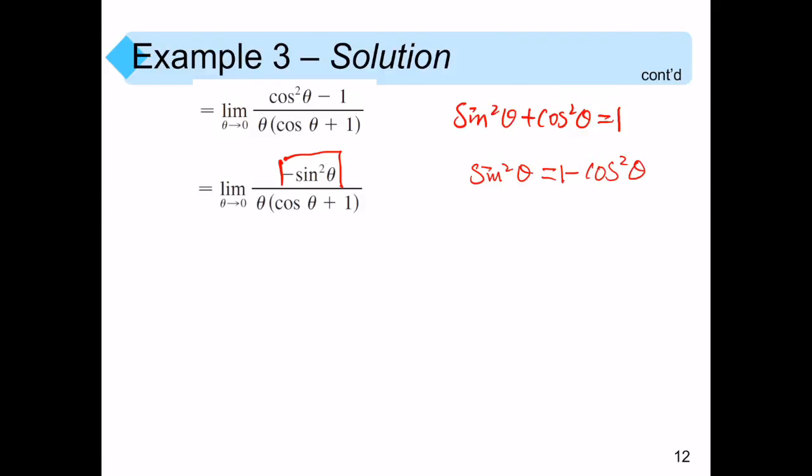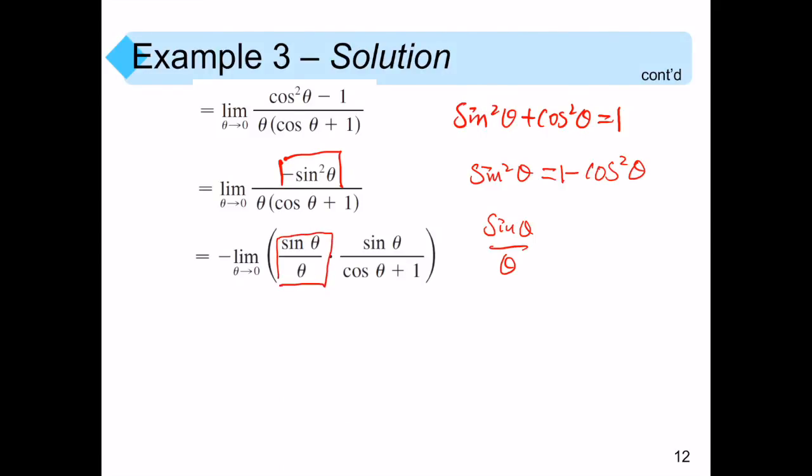And since sine theta comes out, we can use sine theta over theta to find the function's limit. So we're going to separate it into a product of two functions. Notice that this part, when theta goes to 0, is 1, and this part is a quotient whose denominator is not going to be 0.